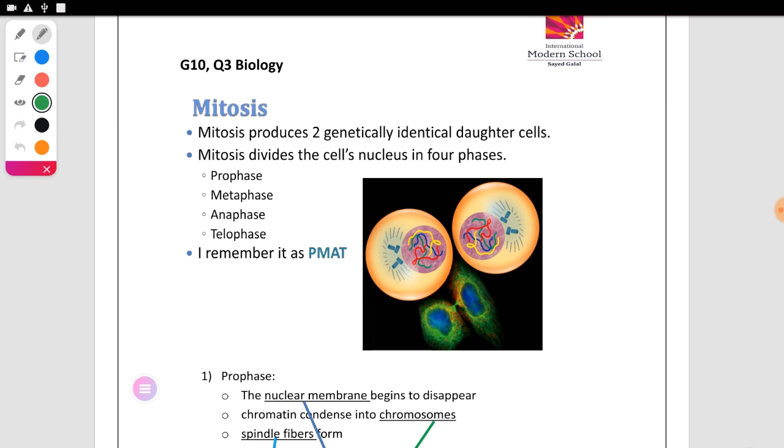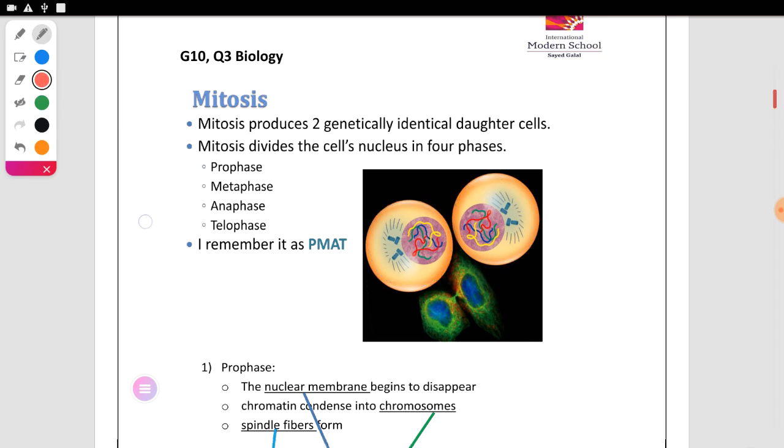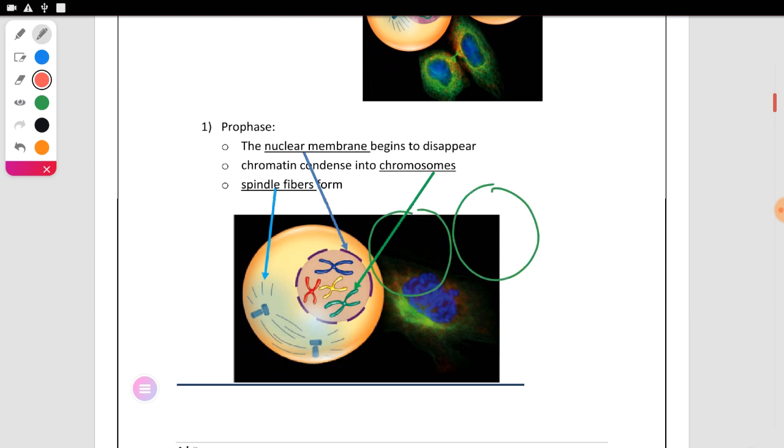Here you can see both cells are in interphase. They didn't divide yet. Now here you can see the centrioles are getting far apart, and the nuclear membrane is cut.